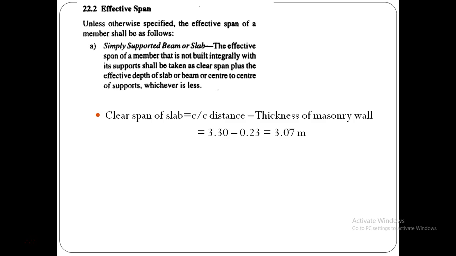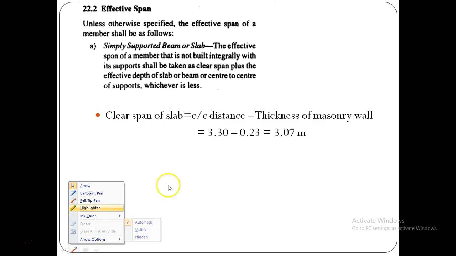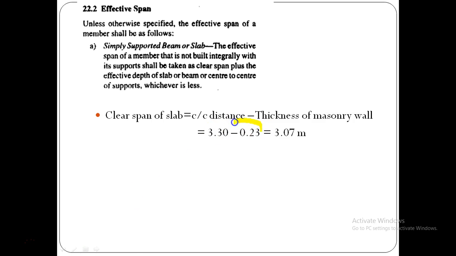If we convert it into meter, that is 0.23 meter. So we get the final value 3.07 meter as clear span of this slab.